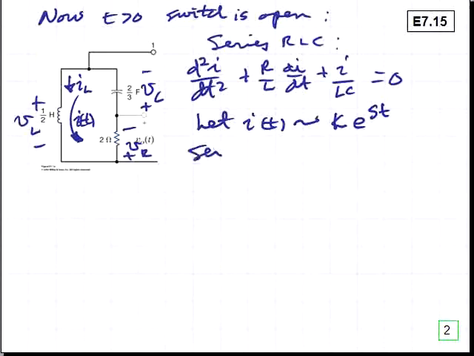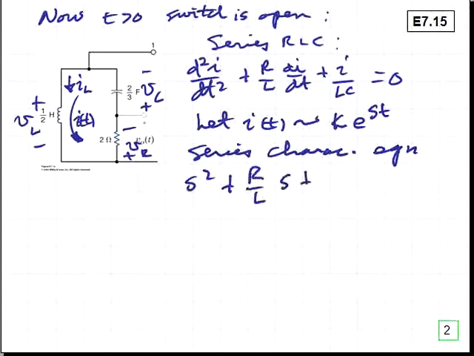The series characteristic equation for this type of circuit is of the form s squared plus R over L s plus 1 over LC is equal to 0.